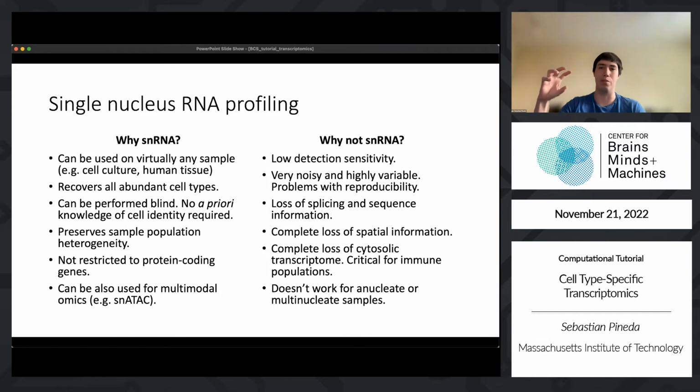Most of the transcriptome is literally just not captured at all. It's extremely noisy. It's very variable. All the droplets are subject to contamination. And I'm going to go right out and say that there's a reproducibility crisis in the single cell field. Nobody can reproduce anything. Because we're using these barcoded transcripts, we lose splicing information. There are ways to do cell type specific full length sequencing.